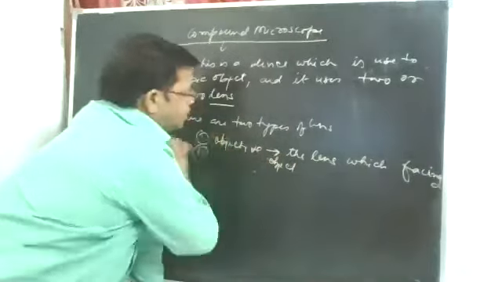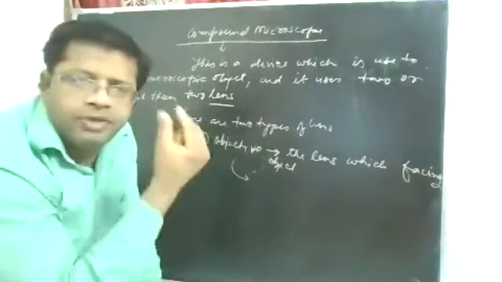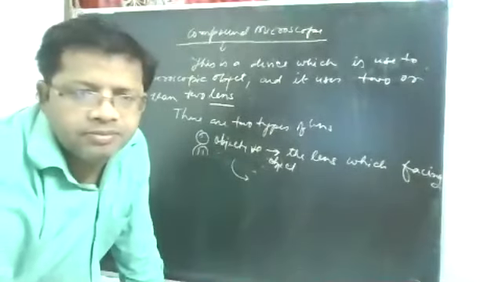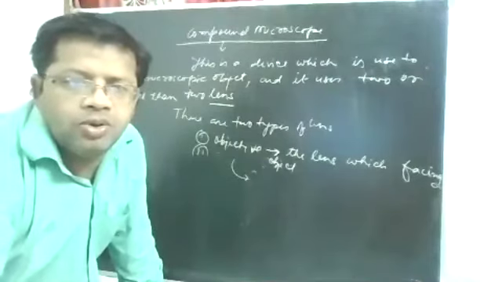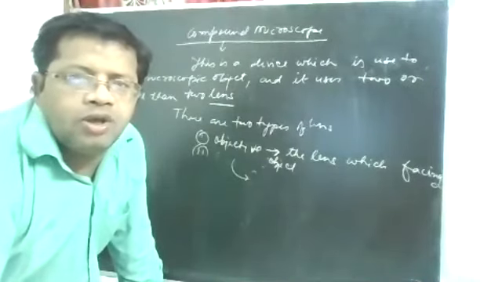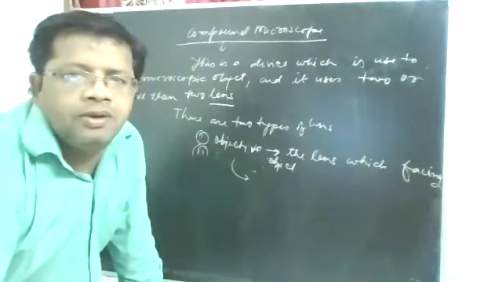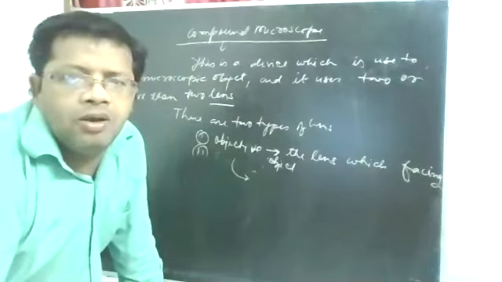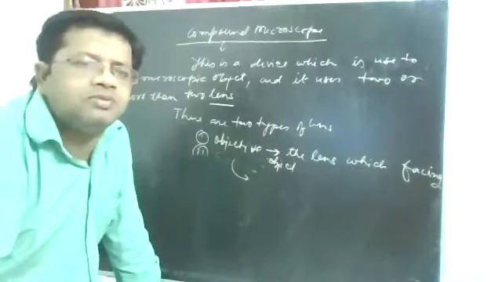What is the characteristic of this lens? See here, since the object is very microscopic, to see the object the aperture of the lens should be small and its focal length should be small.